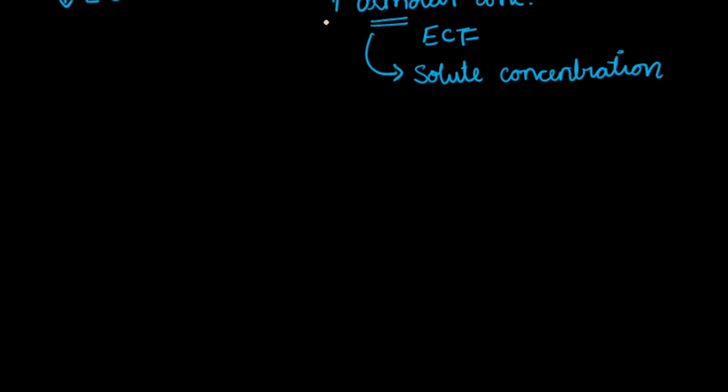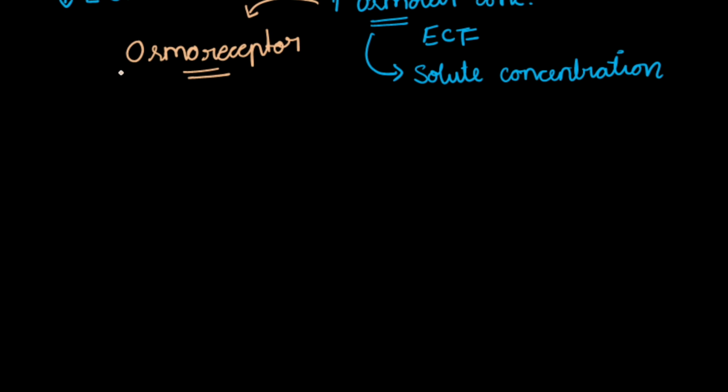So what happens regarding osmolar concentration? We have one special type of receptor, that is osmoreceptors. These receptors identify the decrease or increase in the osmolar concentration of plasma.